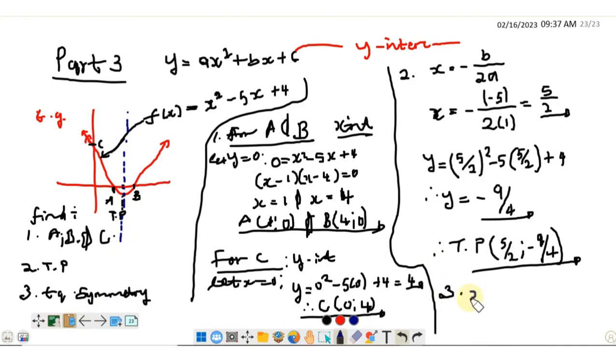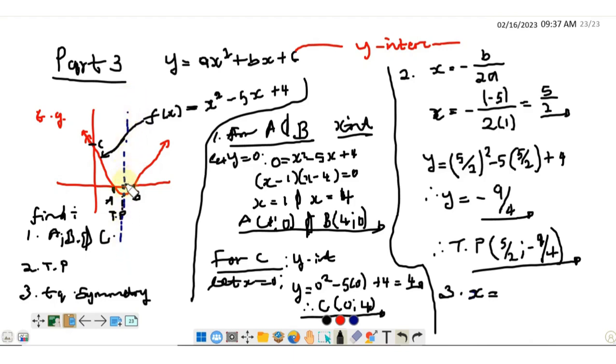So we just say x equals, then you look at the x value on that line. It cuts the x-axis on the same line as the turning point. Understand that?